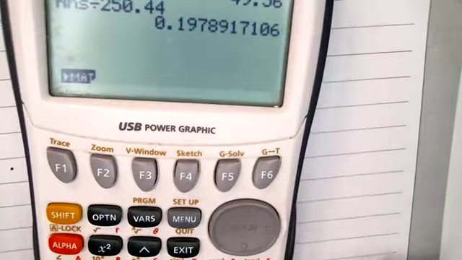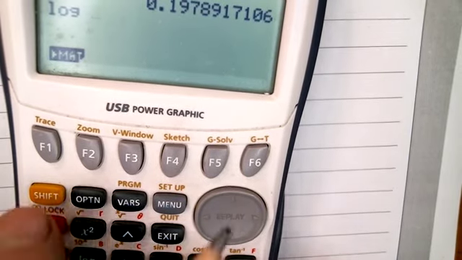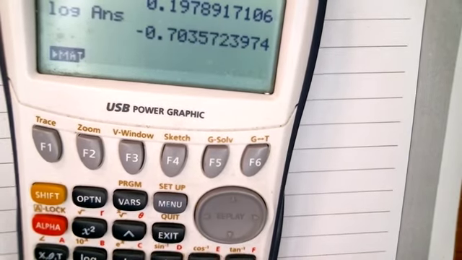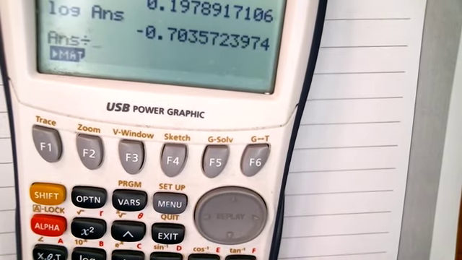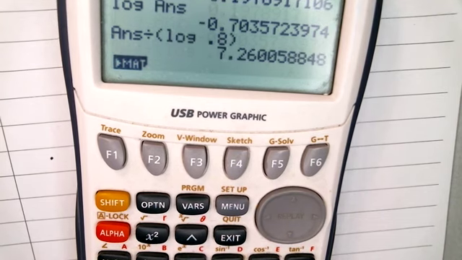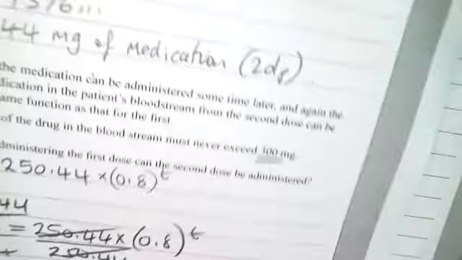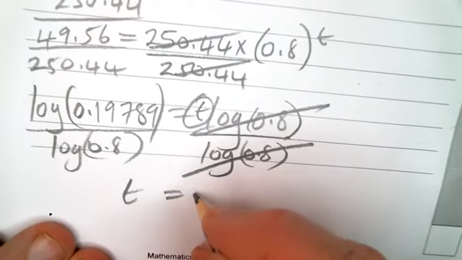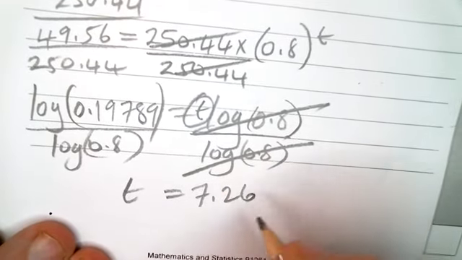Let's see where we end up. So I'm going to go log of the answer divided by log of 0.8, and I get 7.26.